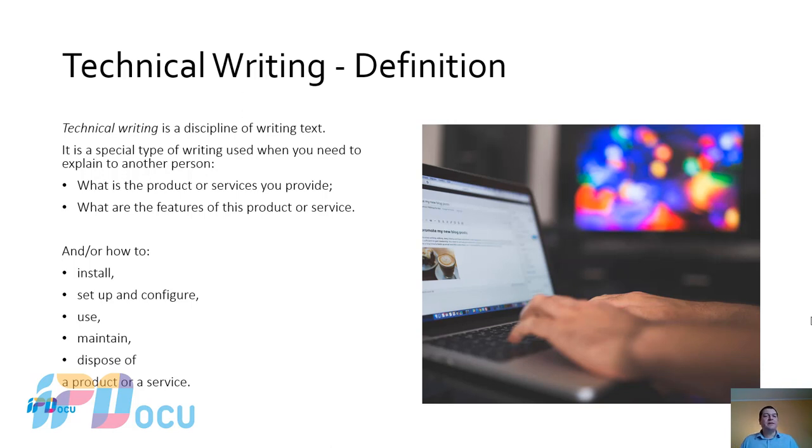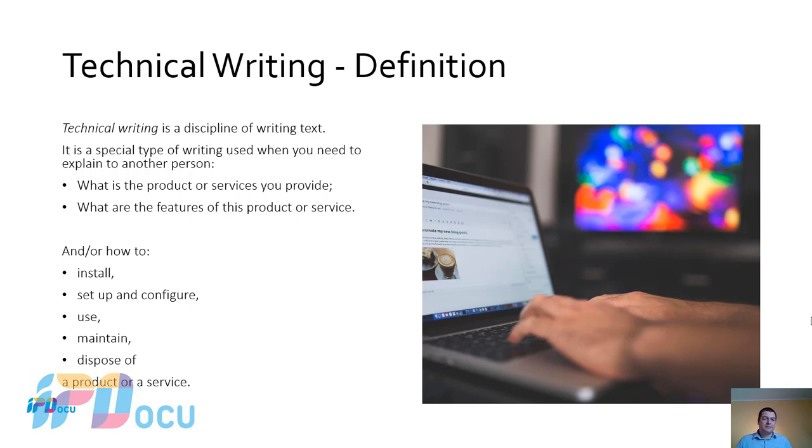Technical writing is a discipline of writing text. It is a special type of writing that you use when you need to explain to another person what is the product or service that you provide, and also what are the features of this product or service. Unlike other styles of writing, technical writing is meant to structure and organize this type of information in a meaningful way.